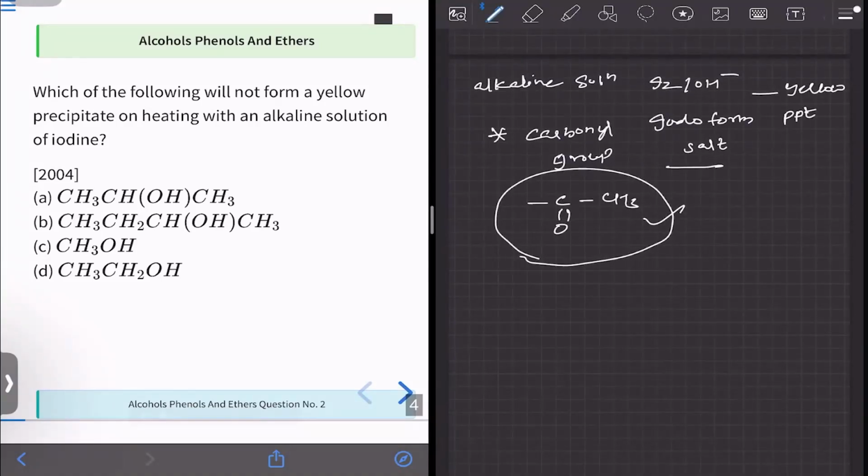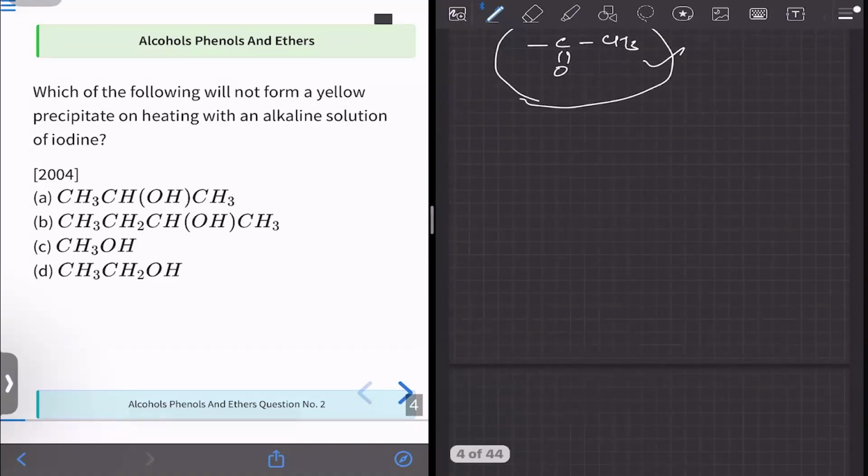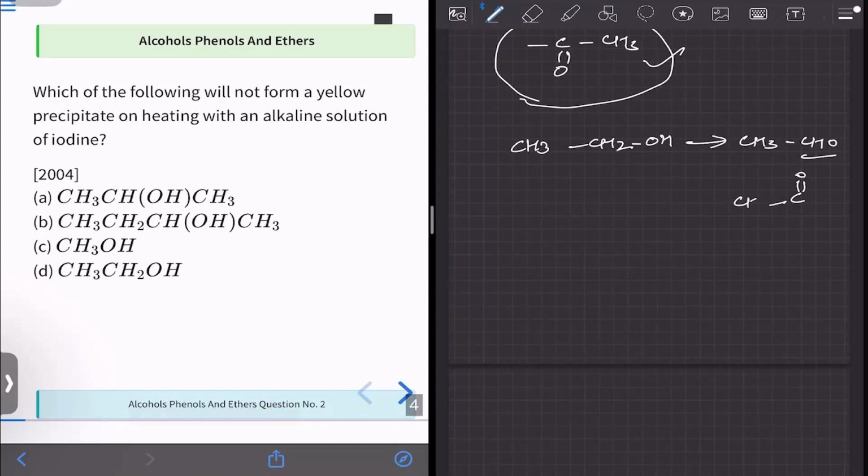See, whenever a primary alcohol CH3 CH2 OH is reacted, it produces CH3 CHO. It includes CO CH3 H, so it includes a carbonyl group. So whenever primary alcohol reacts, it gives a yellow precipitate.